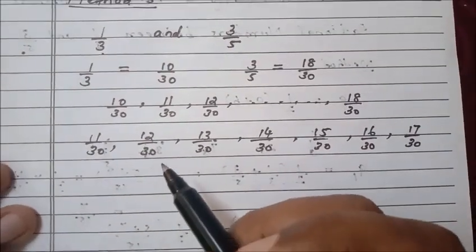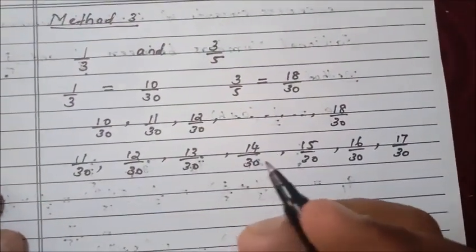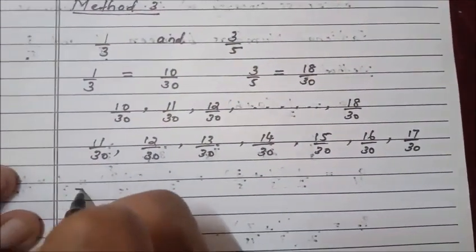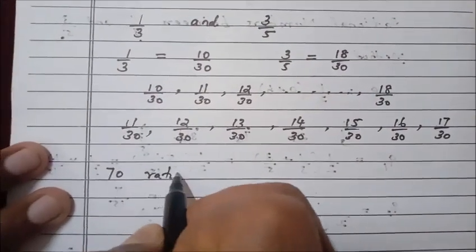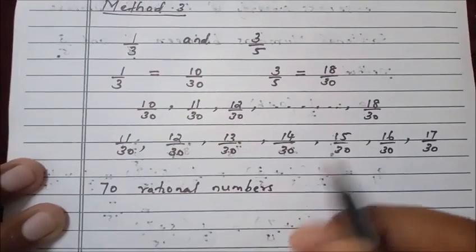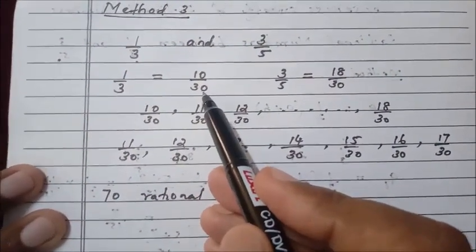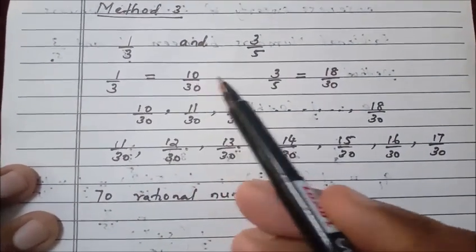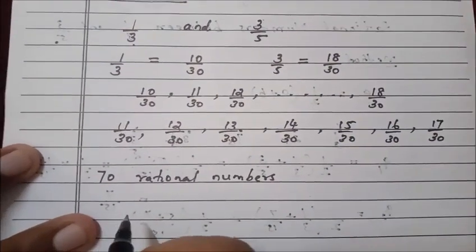Now if you want to find 70 rational numbers, then instead of making common denominator as 30, we can make say 300.